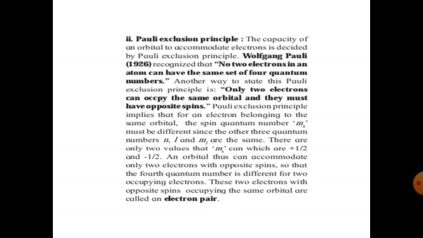Their spin quantum number should be different while principal, azimuthal and magnetic quantum numbers may be the same. One has plus half and the other has minus half, meaning the magnitude is the same but the direction is different. One has the clockwise direction and the second has the anti-clockwise direction.